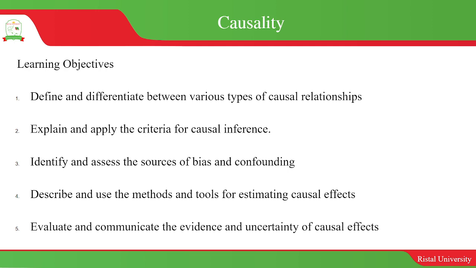You will also be able to identify and assess the sources of bias and confounding in causal studies or causal inferences. You'll be able to describe and use the different methods and tools for estimating causal effects, and evaluate and communicate evidence and uncertainty of causal effects. So those are the objectives of this session.